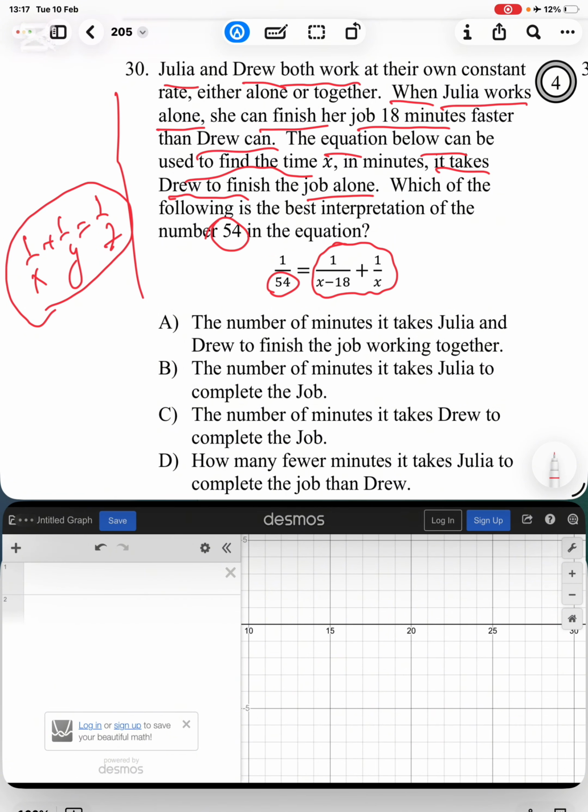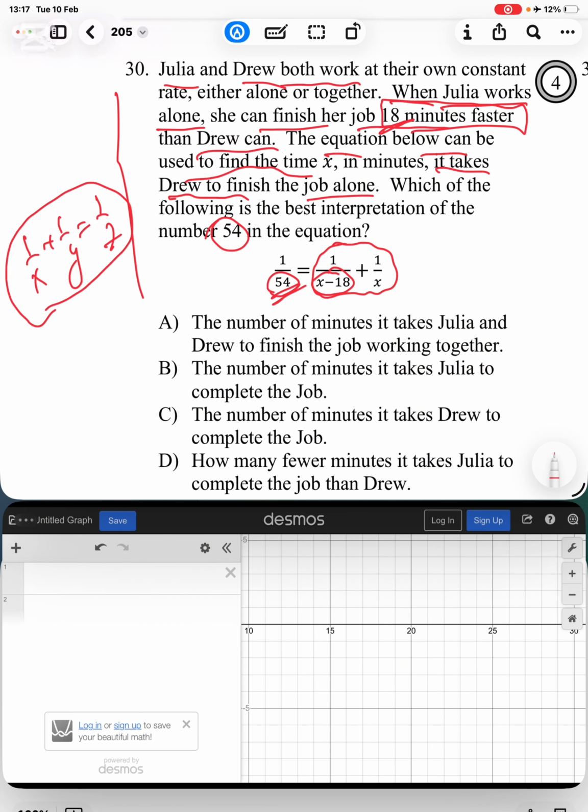So 54 is going to be the total time, which illustrates the total. The first person can do the work 18 minutes faster than Drew. So 54 simply illustrates the total time or total minutes.